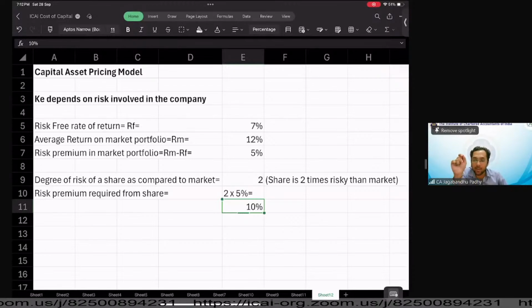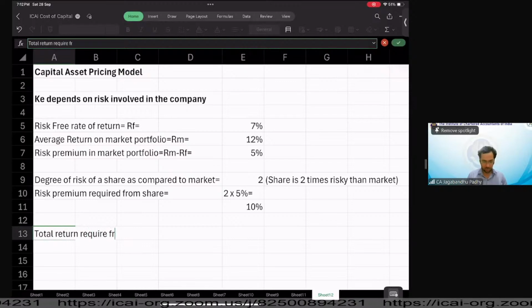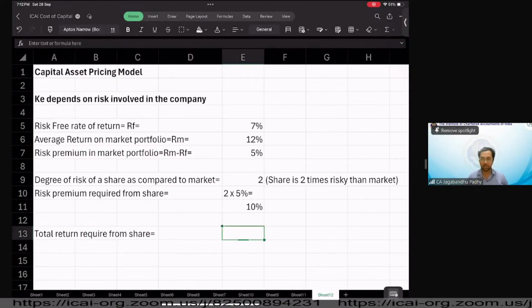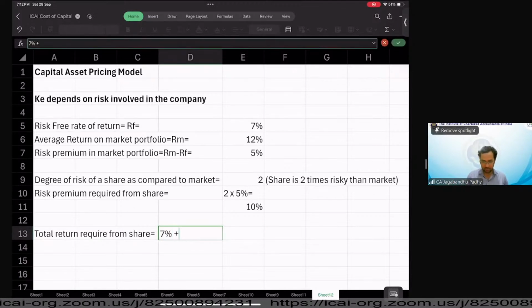Can you tell me what will be your overall required return from the share? What is the total return that you will require? Obviously, 7% plus this 10%.